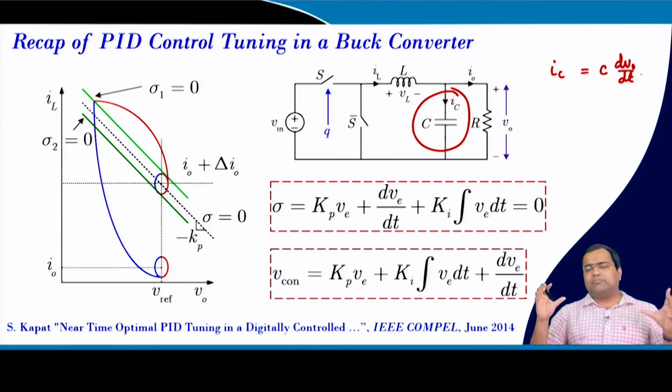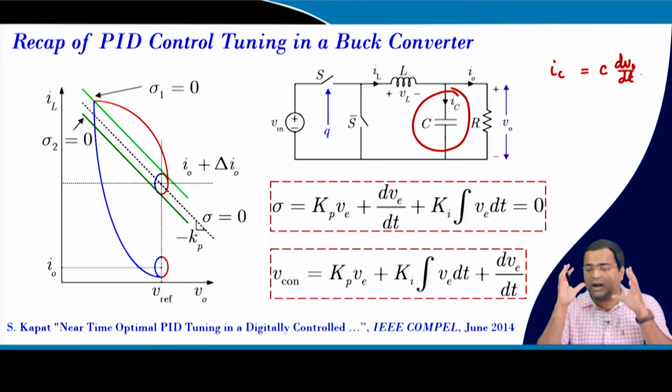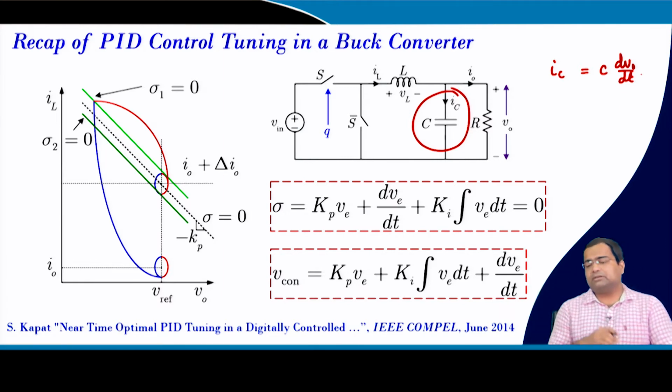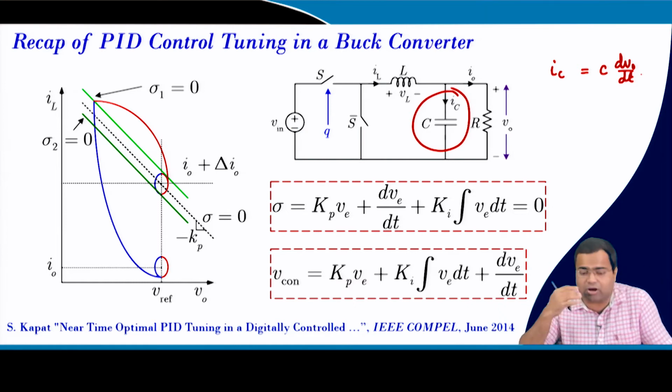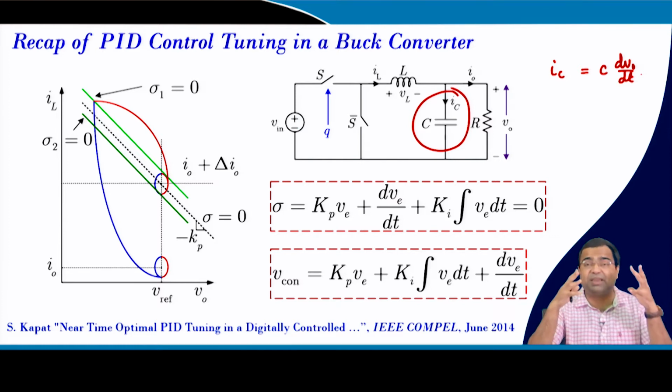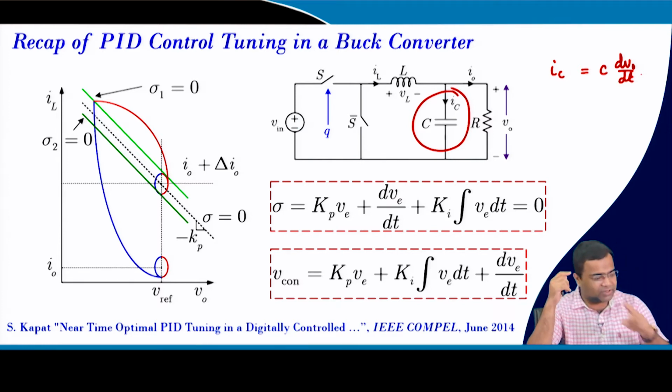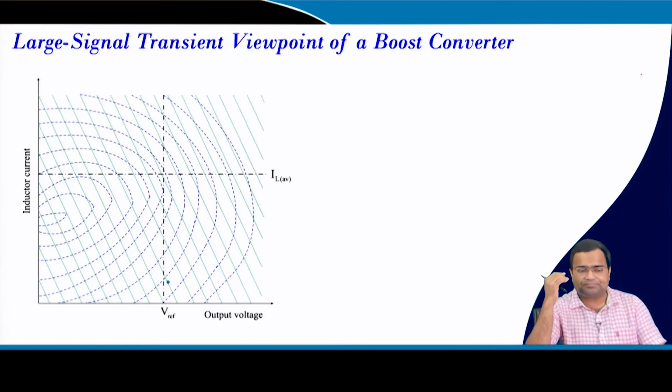So, there is no problem, we can frame it into a PID controller. But in a boost converter the capacitor current is discontinuous. During on time it is simply minus the load current and during off time it is IL minus I0. So, it is not in the form of voltage. So, we will call it a PI controller with current mode control rather than a PID controller.